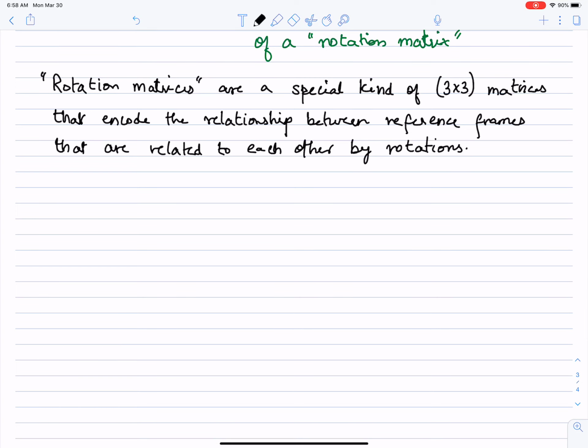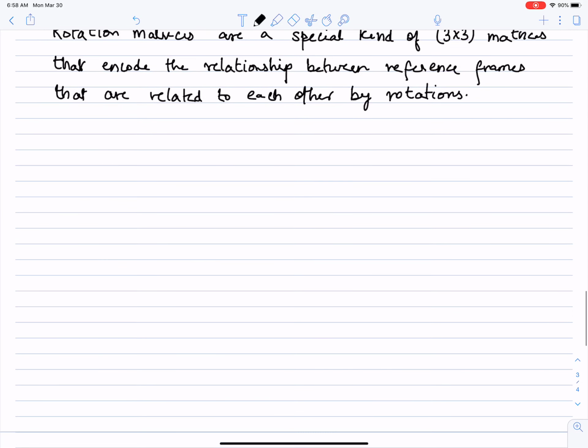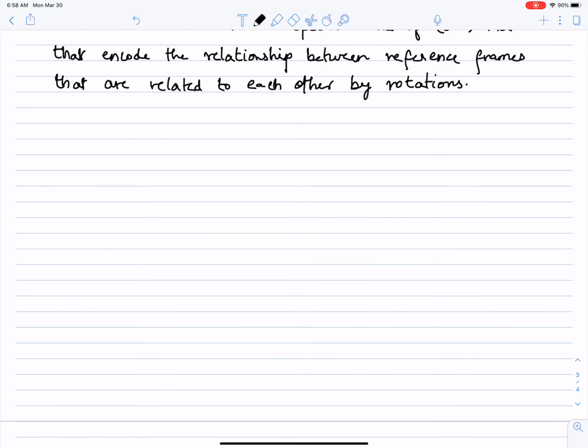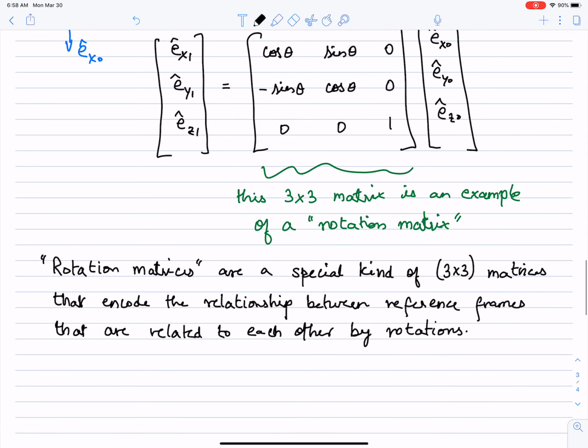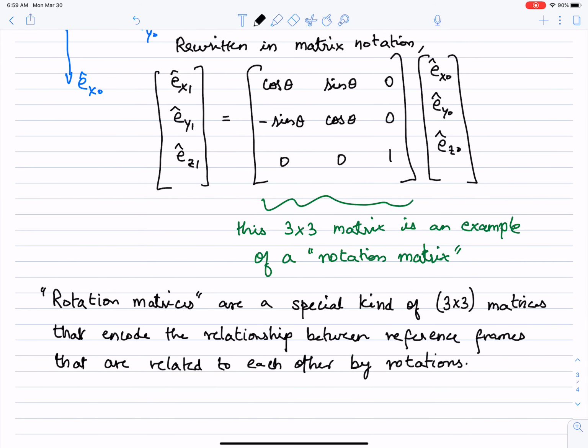To describe the rotation matrix that we just wrote down, we're going to introduce notation.